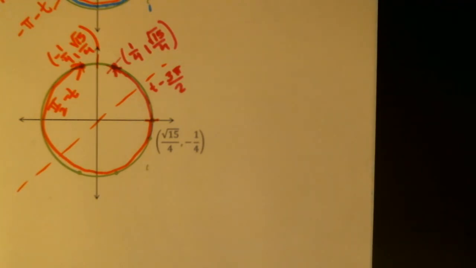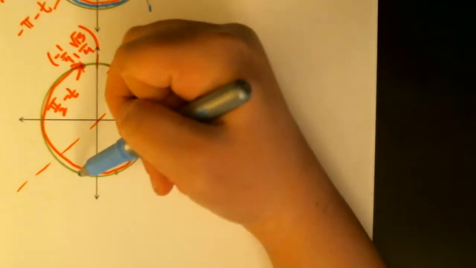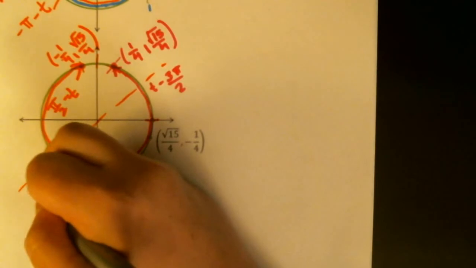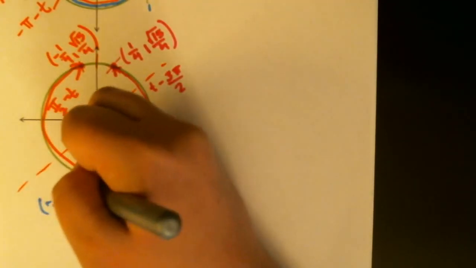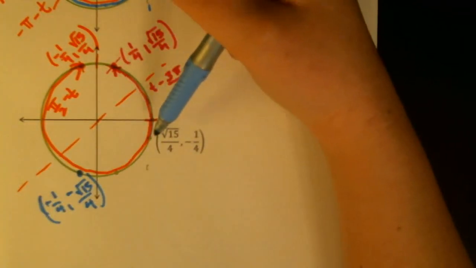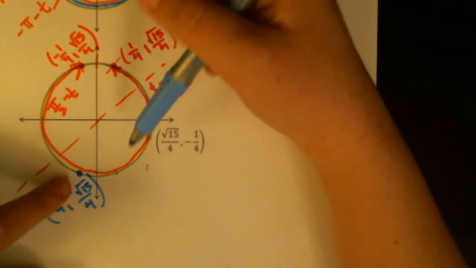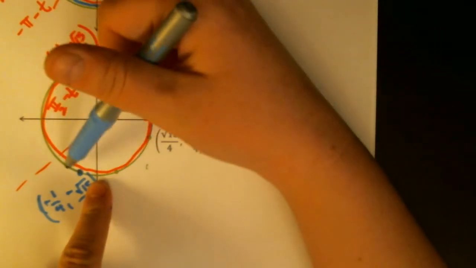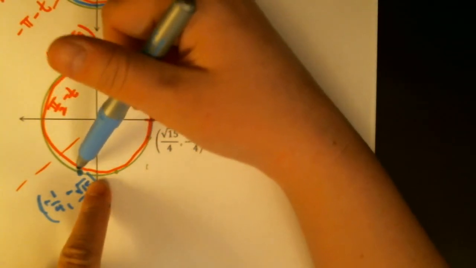Blue. So if we go from here straight down, that's going to have that same x-coordinate, negative 1/4, and now its y-coordinate is going to be negative root 15 over 4. So those are the coordinates of the point. In terms of t value, whichever way you want to think about it, starting from here, I could go almost all the way around and land on that point.